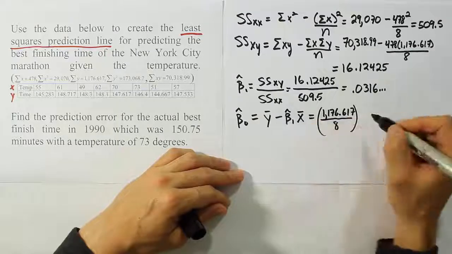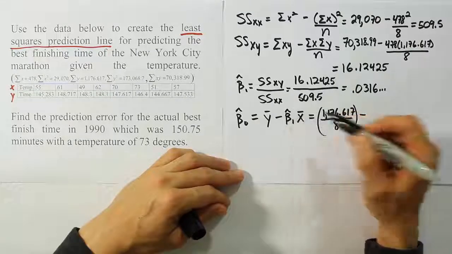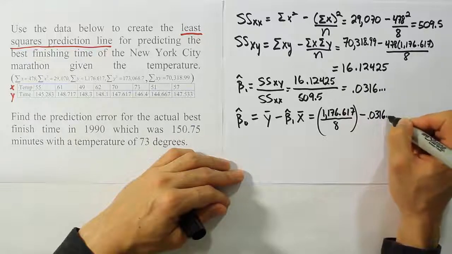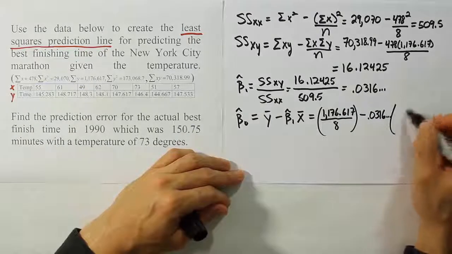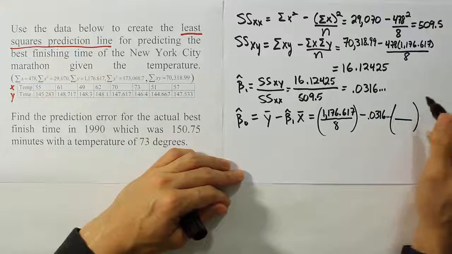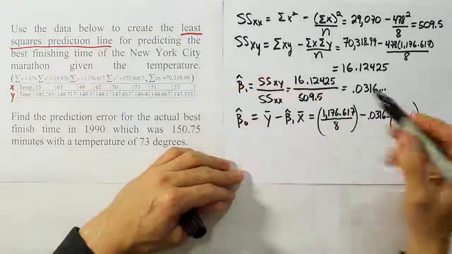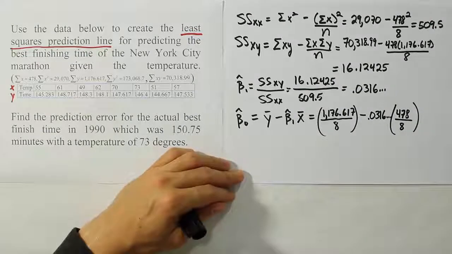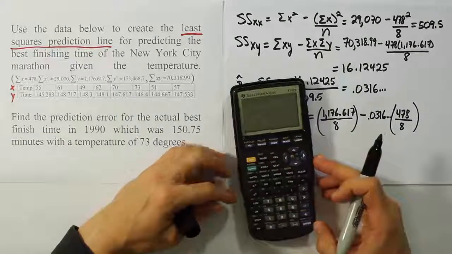That's y bar, minus beta 1 hat, which is going to be the 0.0316... value, right? Times the x bar. And to get x bar, we're going to take the summation of x, which is 478, and we're going to divide it by 8. All right, let's work that out and see what that ends up giving us now.